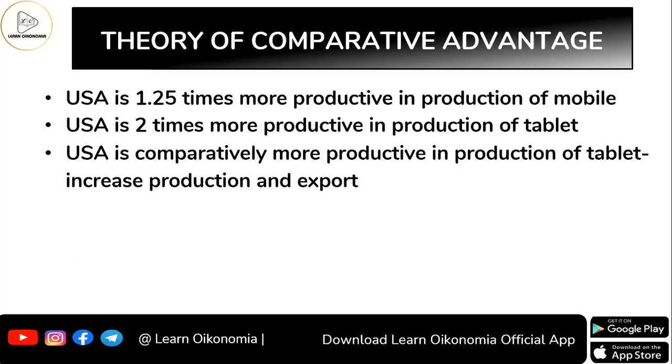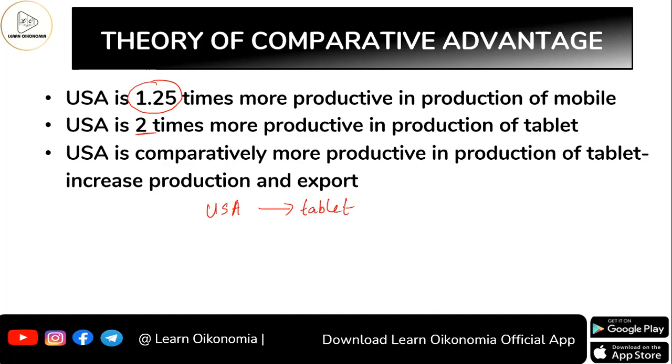Now, you could find that USA here is 1.25 times more productive in the production of mobile, and it is 2 times more productive in the production of tablet. Isn't it? So USA will be having a comparatively more productive scenario in the production of tablet.